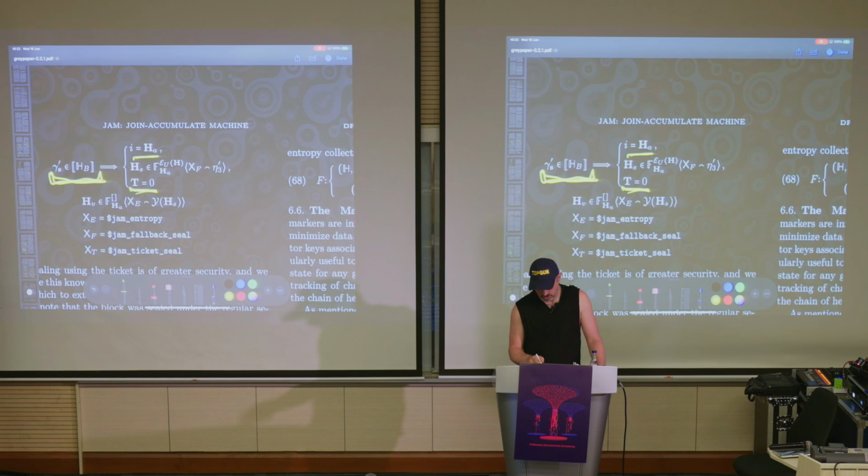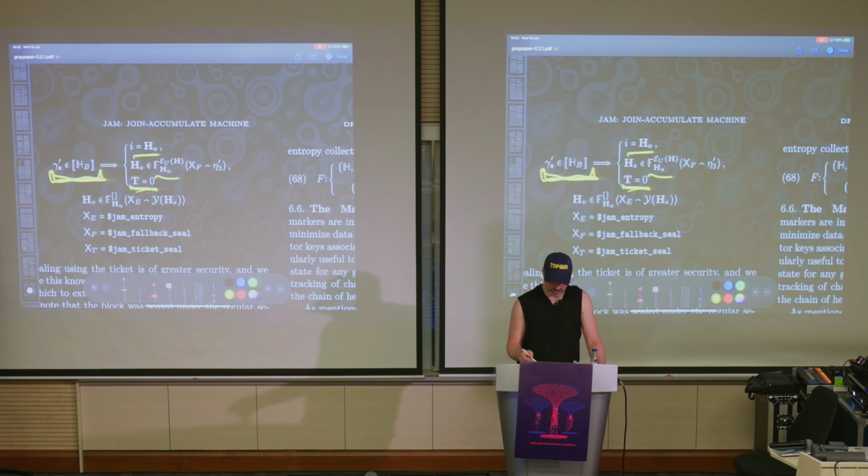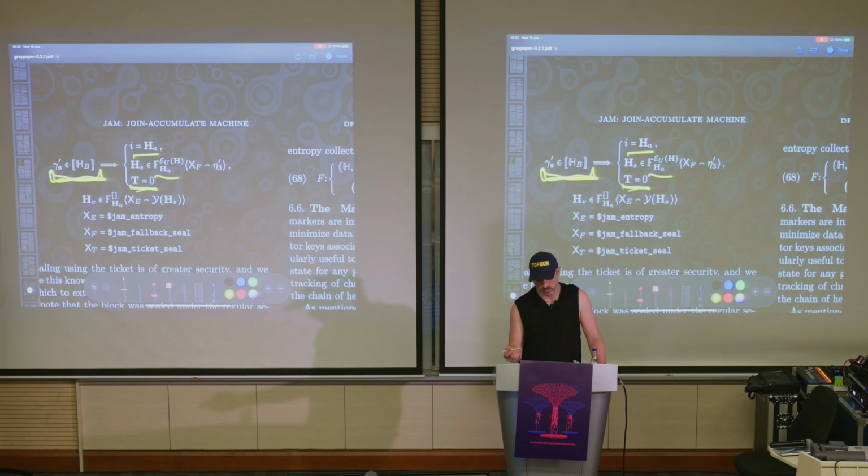And we require the seal to, again, this is more or less the same, right? So we require the seal. It has to be signed by the author of the block. It has to be on the unsealed encoding of the header.